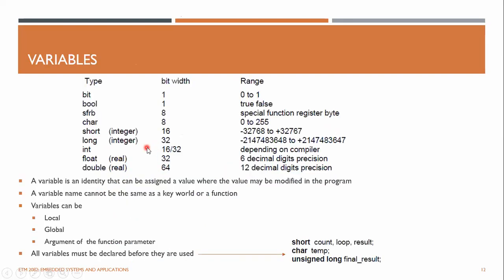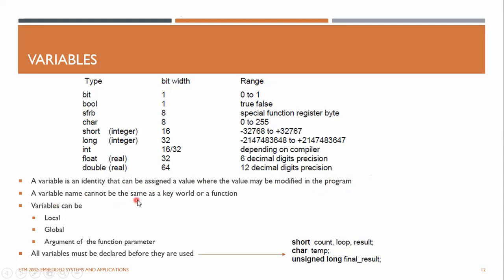And there are several variables that you can use when you're coding. A variable is an identity that can be assigned a value, where the value may be modified in the program. So you can define a value for the variable, and that value could be changed once the program is running, maybe updated by a sensor, something like that.